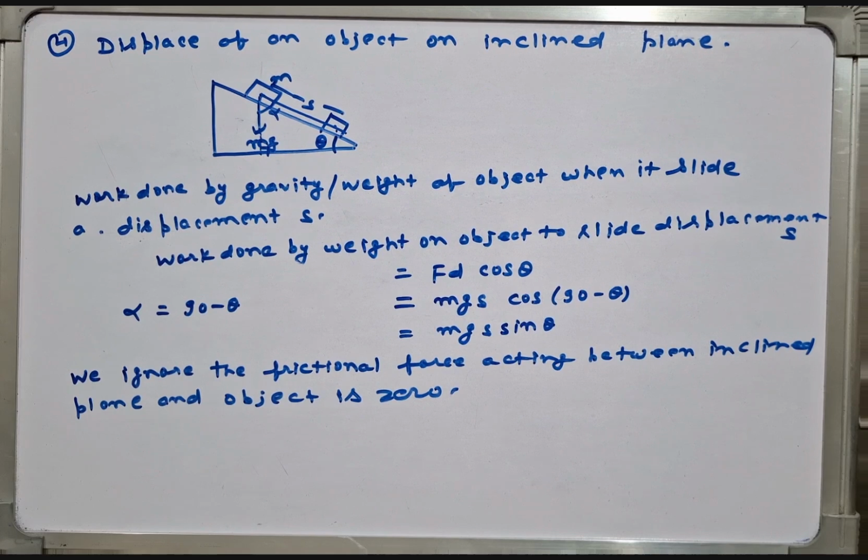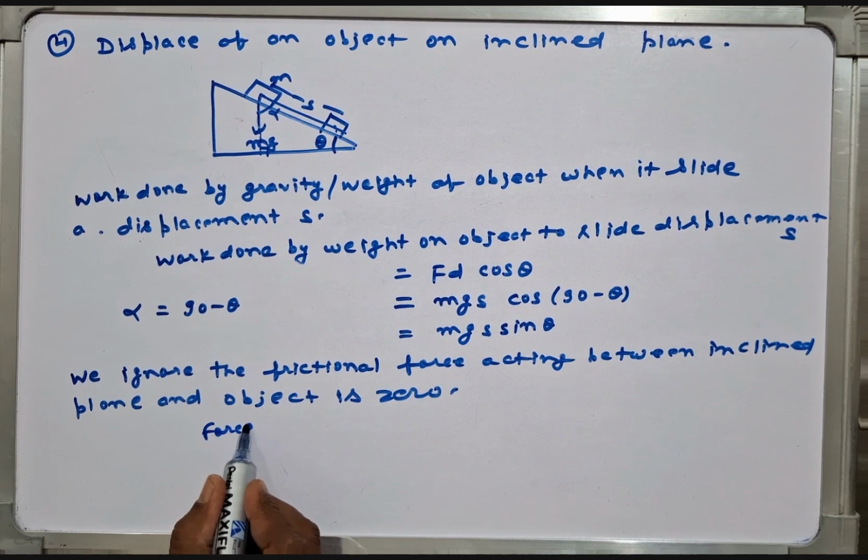Okay, so when you start solving such types of questions, first notice whether the surface is frictionless, or whether anything is given about friction or not. If nothing is said about friction, then you can assume the force due to friction is 0.